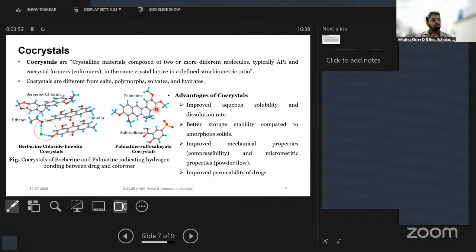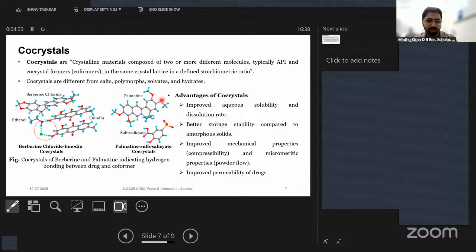There was also a question regarding co-crystals, like what their advantages are and how they are formed. Co-crystals are crystalline materials where we use more than one component. There's the API, and also another component called a coformer.